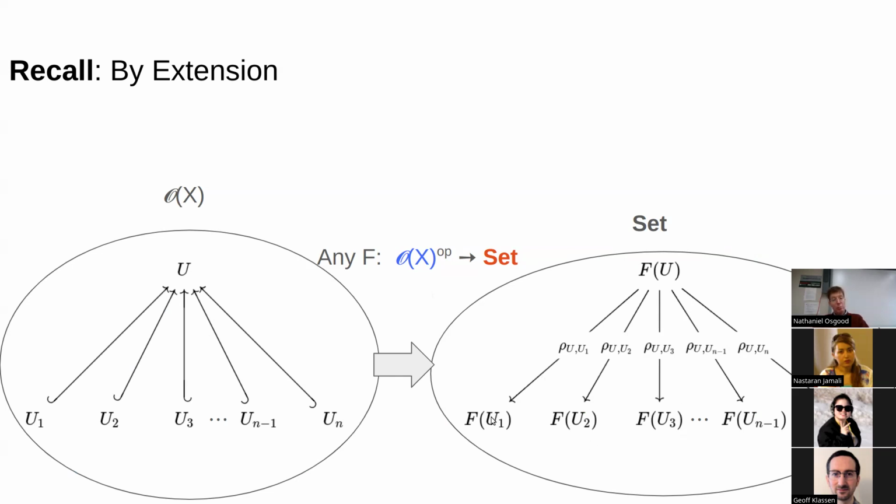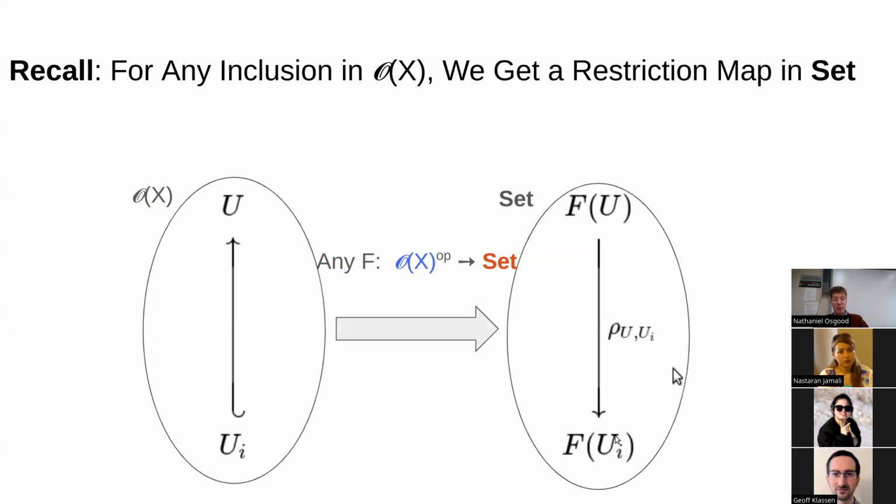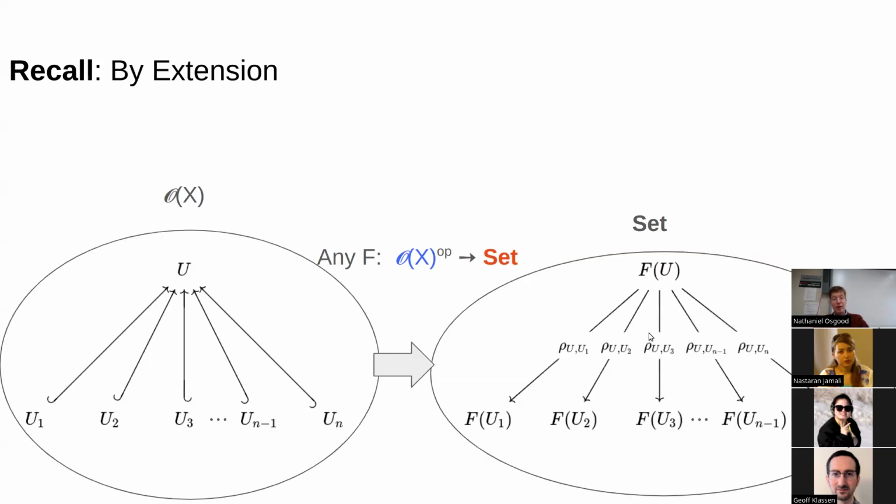Now, this might start to remind you: if it's got all these maps down, what else has lots of maps down to the different things that make it up? What type of categorical construction has lots of maps down? It's one of the first universal constructions you saw.